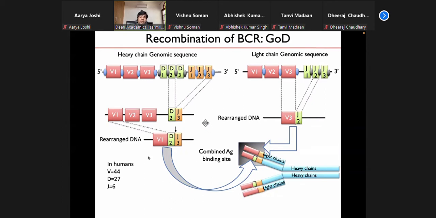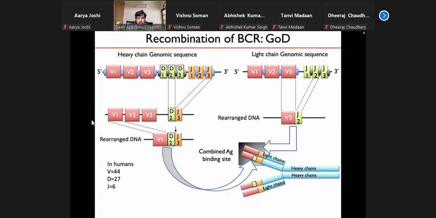Now, if you already have recombined one of the Ds with one of the Js, all the sequences on that locus of the chromosome that are intervening, for example D3, J1, J2, are looped out and removed. You can still have D1, J4, or J5, J6, whatever.